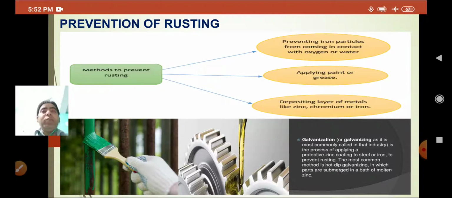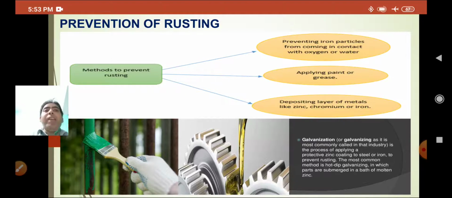In this process, iron sheets are dipped in molten zinc, then allowed to cool to get galvanized iron sheet. A thin layer of zinc metal formed on the surface of iron objects protects it from rusting because zinc metal remains unaffected by air and moisture.